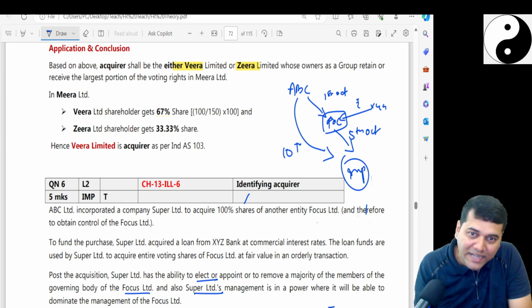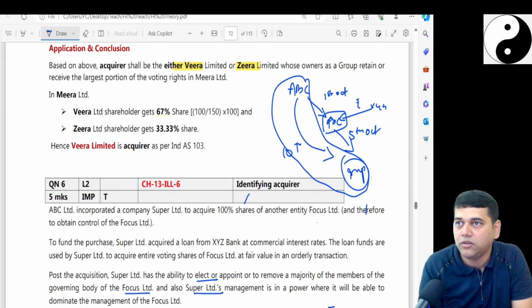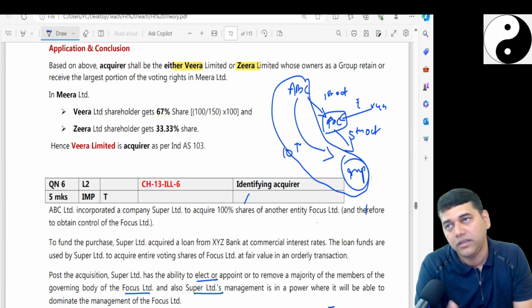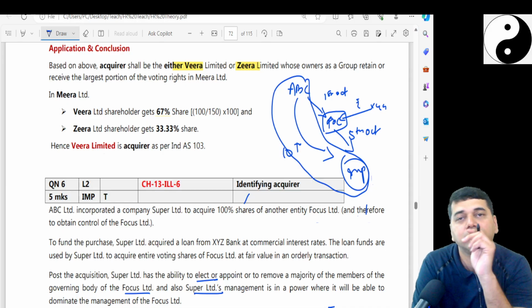Now, in this transaction between ABC and Super, who is the acquirer? Is it a common control combination or is it a purchase acquisition?